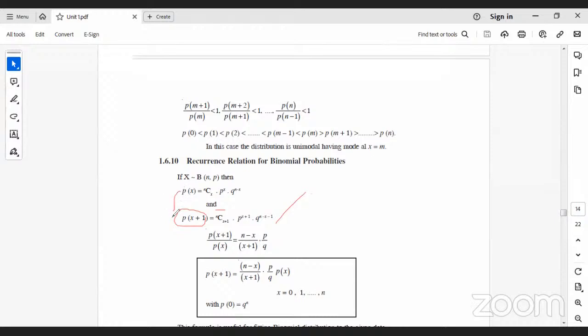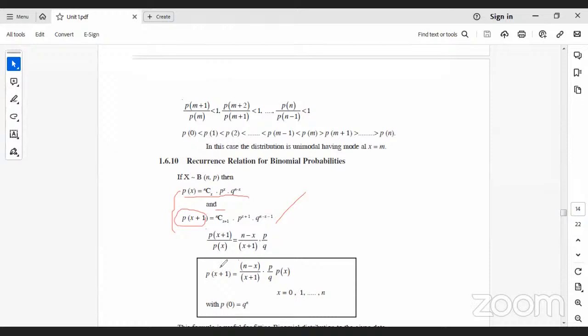If both the conditions I am writing, x and x plus 1. Listen here, p power x is ncx and p power x q power minus 1. Okay? Check. Hello? Am I audible?